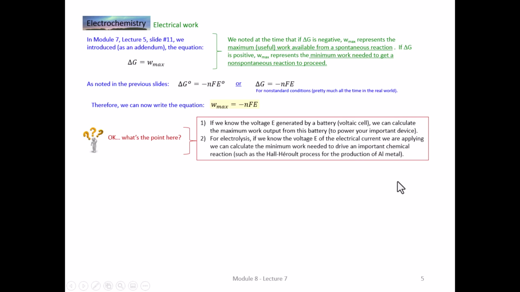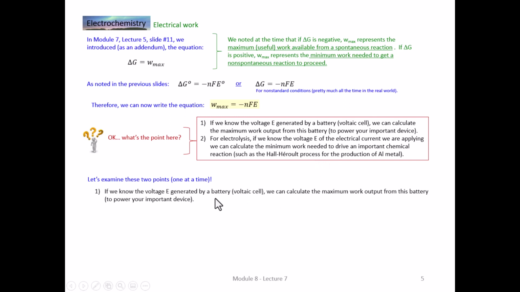For electrolysis, if we know the voltage of the electrical current we are applying, we can calculate the minimum work needed to drive an important chemical reaction, such as the Hall-Héroult process for the production of aluminum metal. So let's examine these 2 points one at a time. So let's tackle number 1.